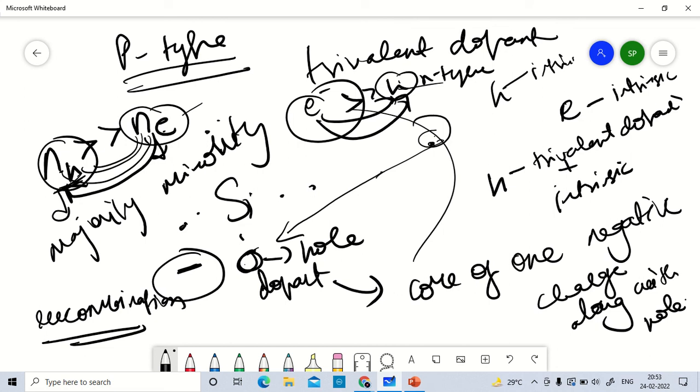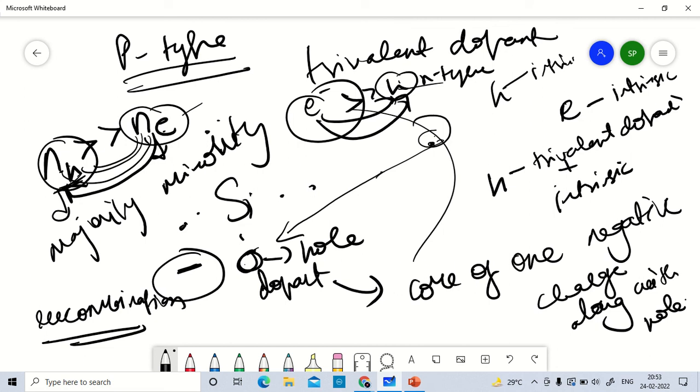At room temperature, most of the donor atoms get ionized, but very few atoms of silicon get ionized. So the conduction band will have most electrons coming from donor impurities. Similarly, for p-type semiconductor, acceptor energy level EA is slightly above the top of the valence band. With very small supply of energy, an electron can jump to the level of EA and ionize the acceptor negatively.